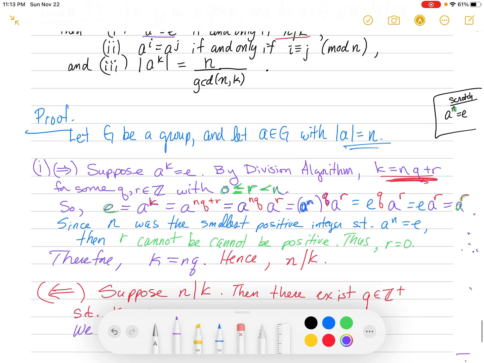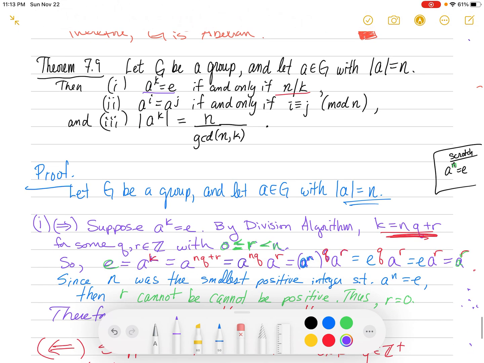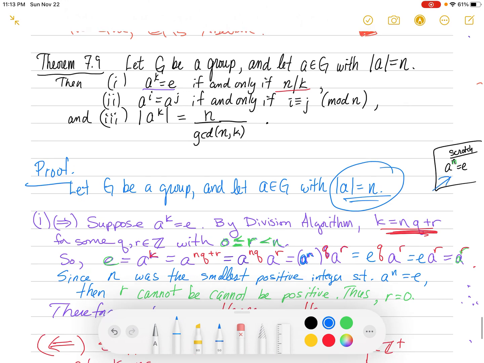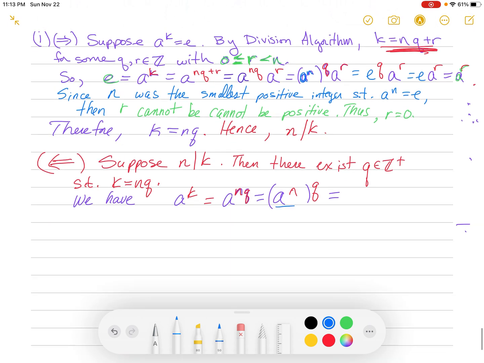Now, what was a to the n? Well, in the background, we have this fact right here. The order of a is n, so a to the n is e. So this right here is going to be e. And we're going to get e to the q, and e to the q is simply e.